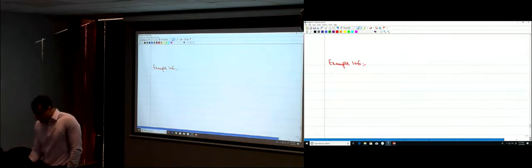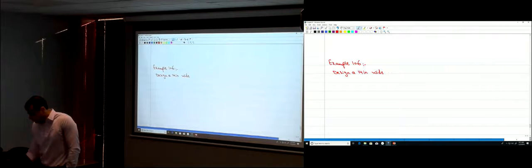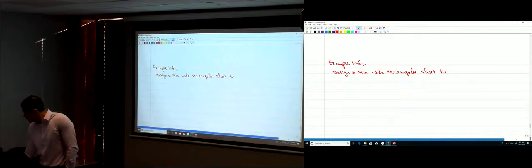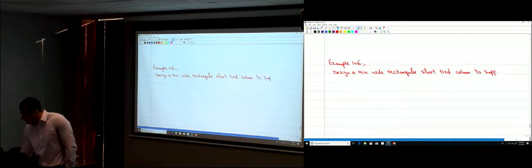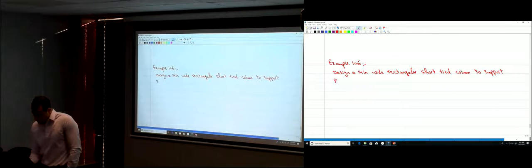So here in example 10.6, we're required to design a 14-inch wide rectangular short tied column to support a P ultimate that is equal to 500K, and M ultimate that is equal to 250 kips feet.